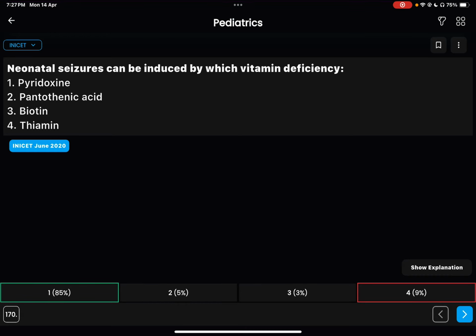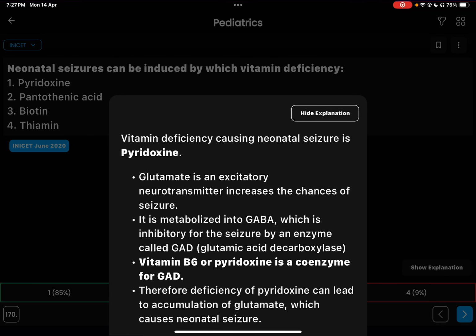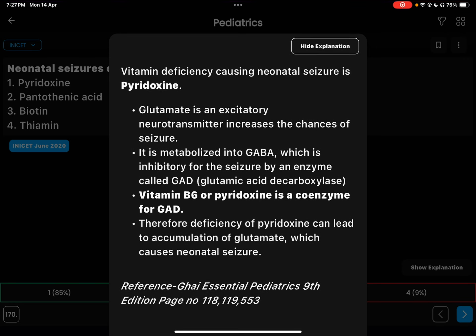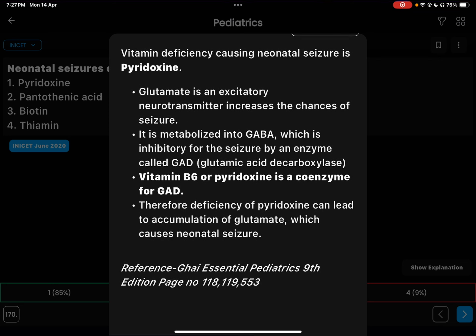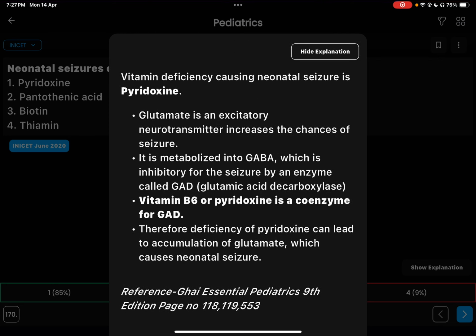Let's guess. It is pyridoxine. So, the vitamin deficiency which can cause neonatal seizures is pyridoxine, because glutamate is an excitatory neurotransmitter, which increases the chance of seizures.